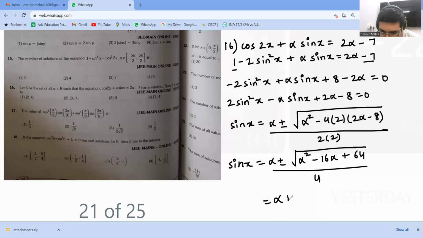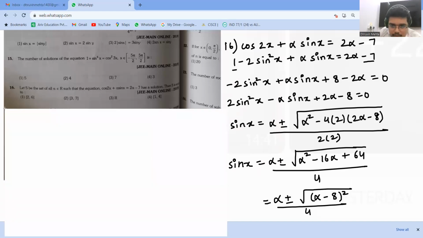Look at that term inside the square root, Arush. What do you know about alpha square minus 16 alpha plus 64? This is also quadratic. Okay, or you can directly use the expansion formula and write this as alpha minus 8 the whole square. वैसे यहाँ से हमें sin x का वैल्यू मिलेगा.